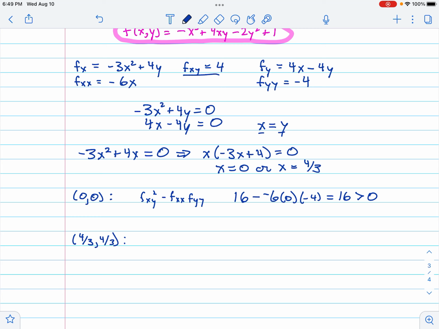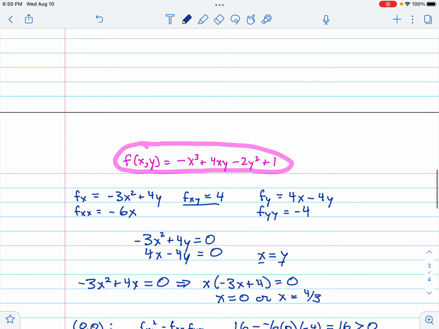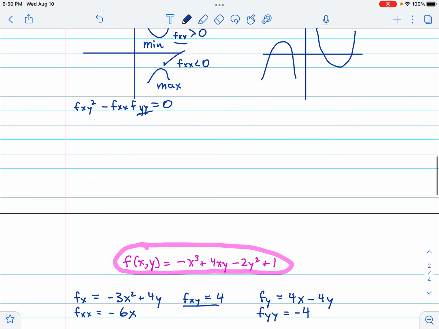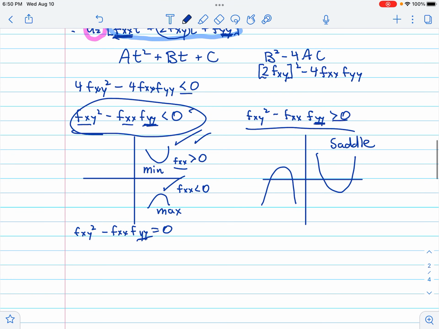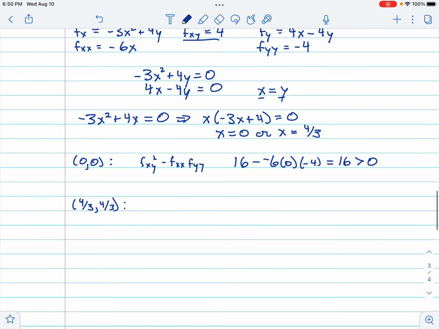So we've got a situation here where it's greater than 0. Whenever it's greater than 0, we've got ourselves a saddle. So a saddle point at (0, 0), f of (0, 0).